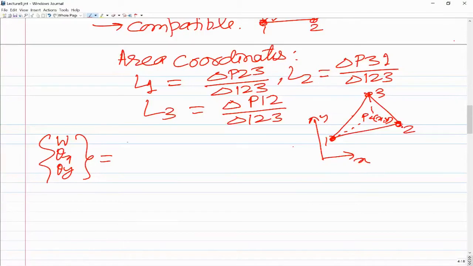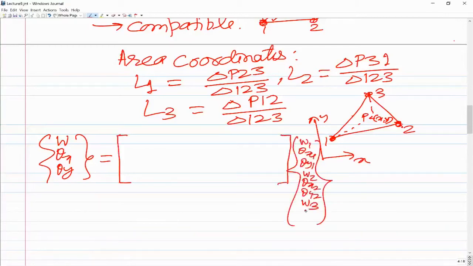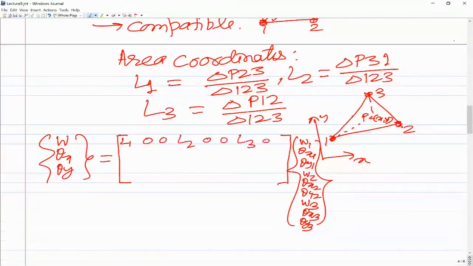Then you can write W and all the terms in terms of these area coordinates. The degrees of freedom vector would be W1, theta x1, theta y1, W2, theta x2, theta y2, W3, theta x3, theta y3. W would be L1 W1 plus L2 W2 plus L3 W3, so that is L1 0 0, L2 0 0, L3 0 0.